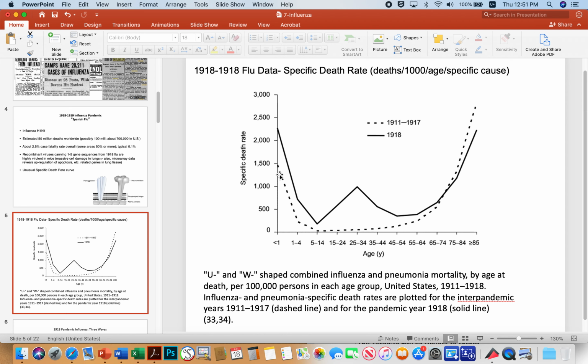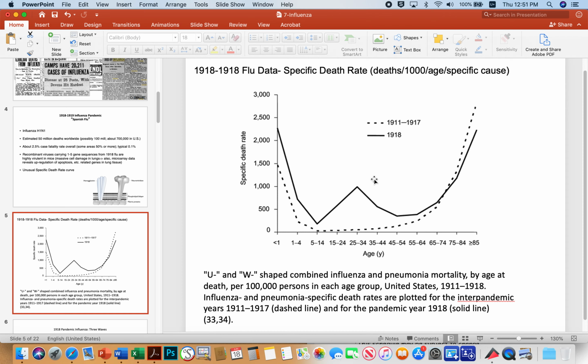What this is telling you is that in a typical flu, the very young and the very old are highly susceptible. But with the 1918 flu, it appears pretty clearly a W shape, which means that individuals in this middle age range, who are usually spared by the flu, were actually dying in high numbers. And of course, that's frightening, for a variety of reasons.